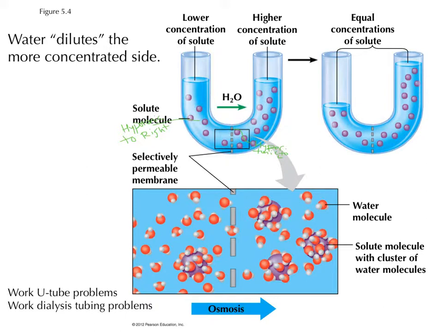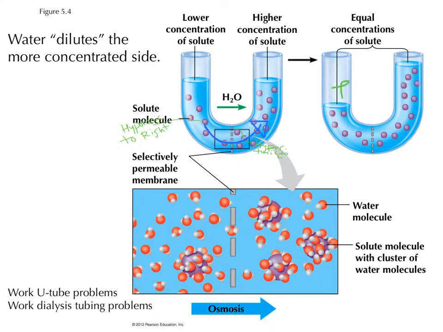Instead, water's going to move, and water moves towards the right in this case, so it's going to move to dilute the higher concentration of solute. So this moves to the right, that means your water level goes up on the right and down on the left, so you diluted the right and more concentrated the left, and now they should be equally concentrated.